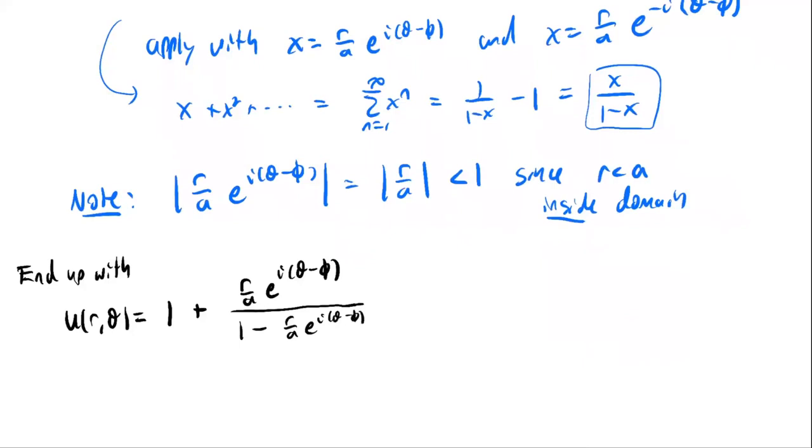This is the first formula applied with x equals r over a times e to the i (theta minus phi). And then the second sum gives an analogous term. So I have r over a, now with the negative power, e to the minus i (theta minus phi), over 1 minus r over a e to the minus i (theta minus phi).